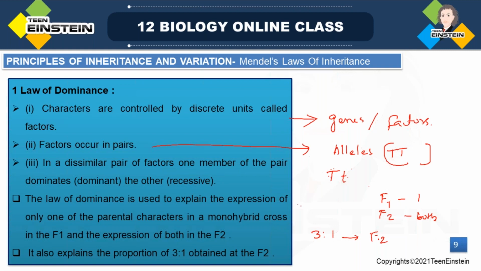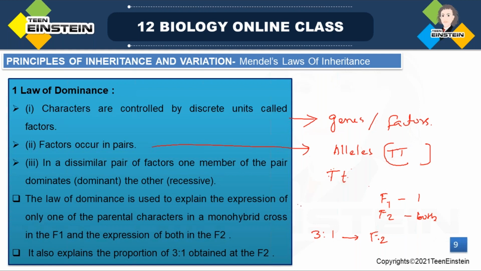So the law of dominance says that all characters are controlled by factors, and these factors, nowadays we call them genes. These factors or genes occur in pairs, and in a dissimilar pair, meaning in a heterozygous condition, one dominates over the other. The dominant or expressed one is called the dominant allele, and the other, suppressed one, is called the recessive allele.